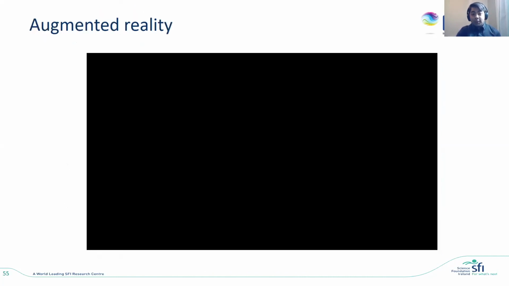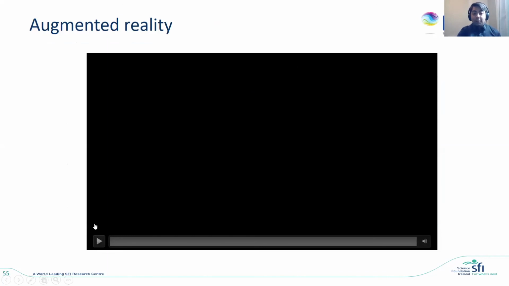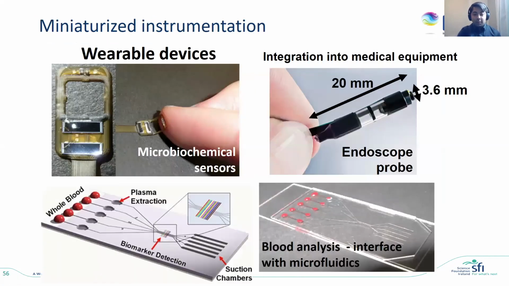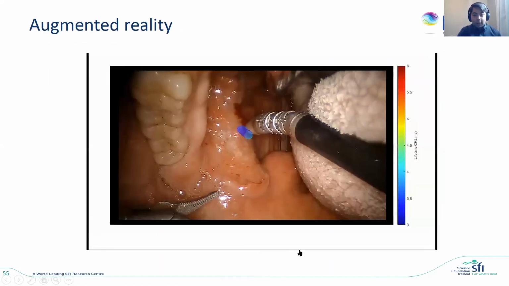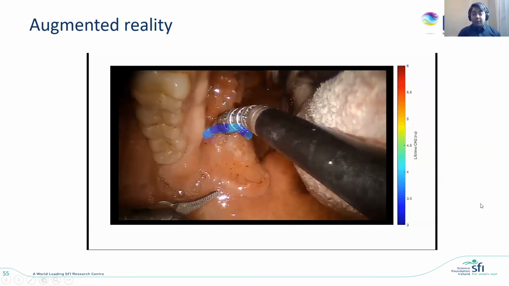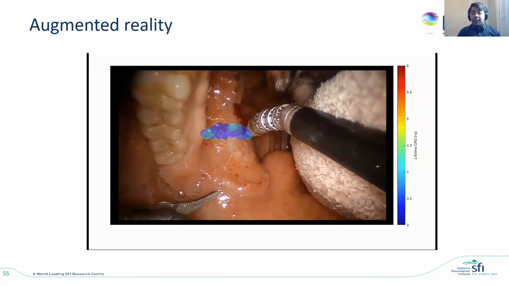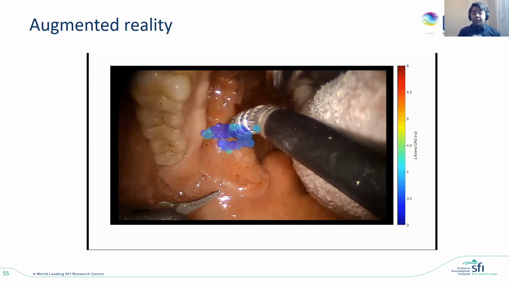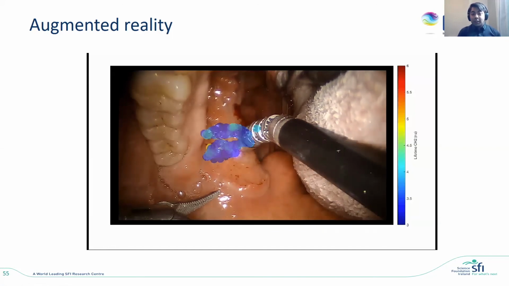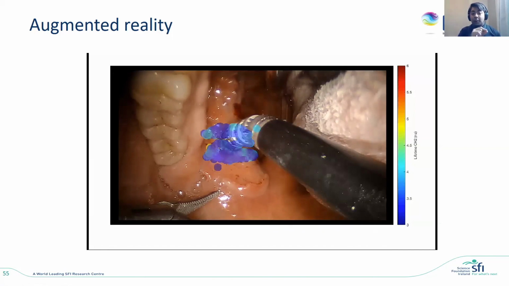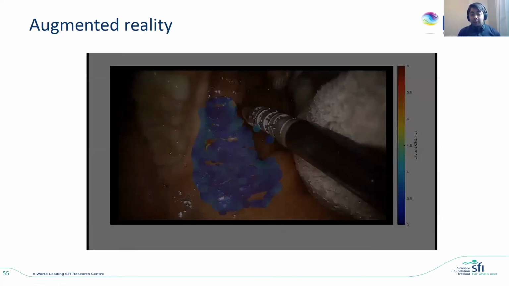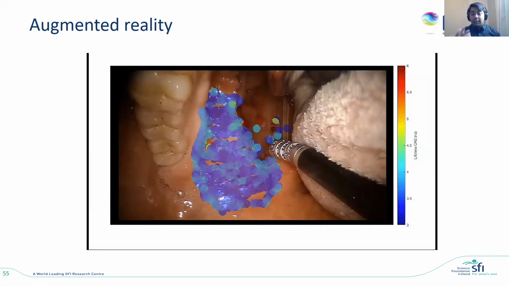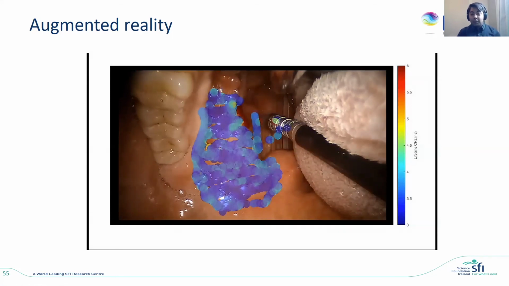Not only this, it is possible to have augmented reality. If the surgeon wears glasses, for example, while looking at the image, the surgeon can select an area to probe and look at the spectral features or the biochemical profile of the region of interest in the surgical field.